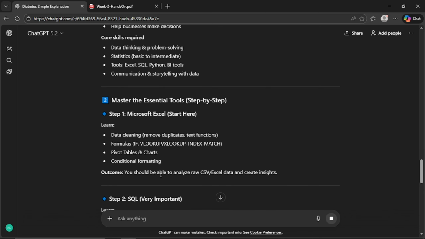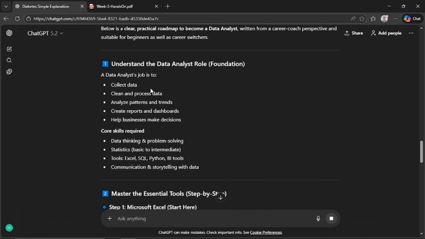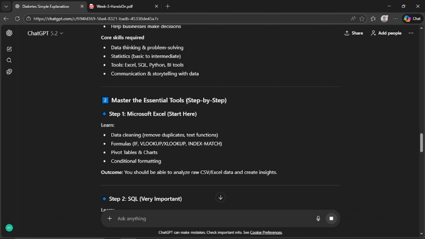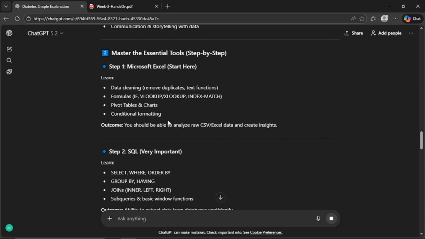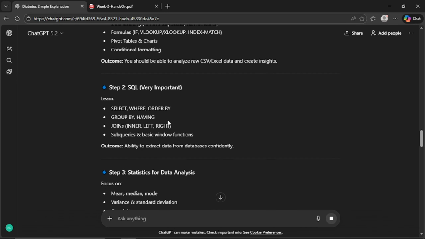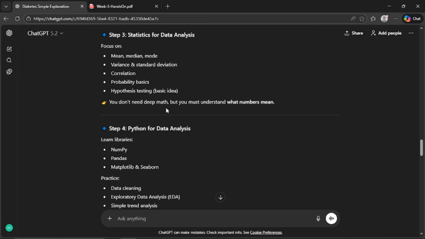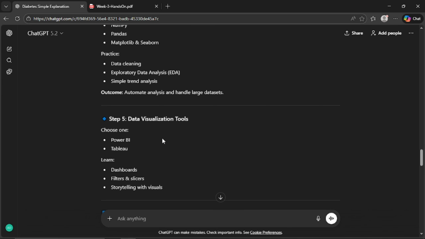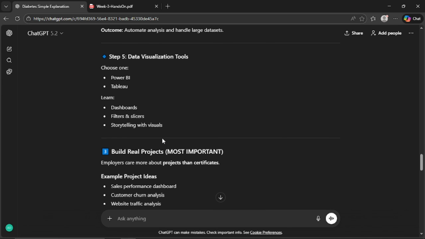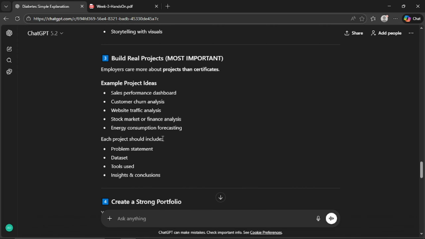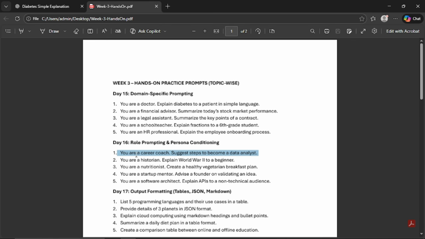It is giving me all the details step by step. Understand the data analyst role, which is the foundation, and then step by step. First, Microsoft Excel is very important. SQL is very important. Statistics is very important for data analysis. So like this, it gives us all the data and the step by step process to become a very good data analyst. So that is role prompting and persona conditioning.